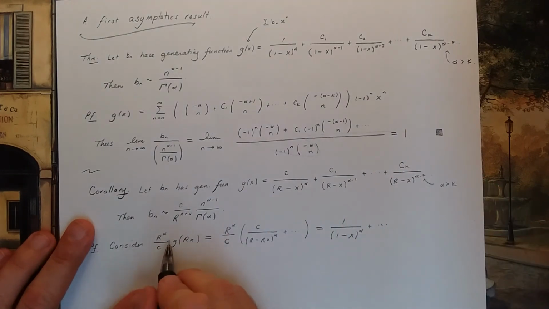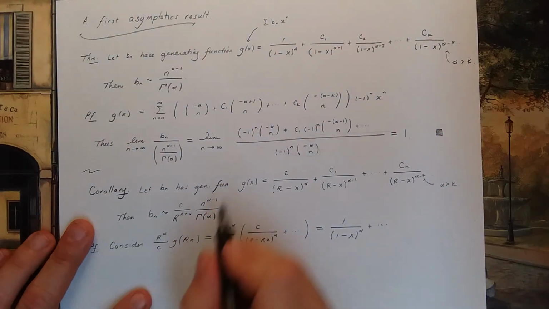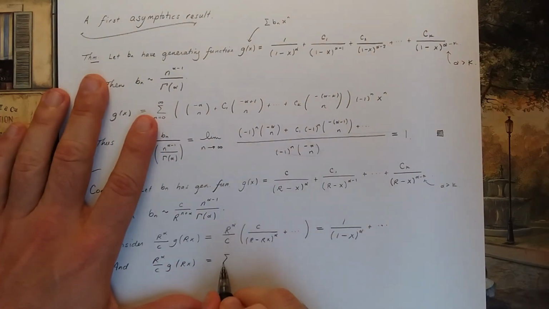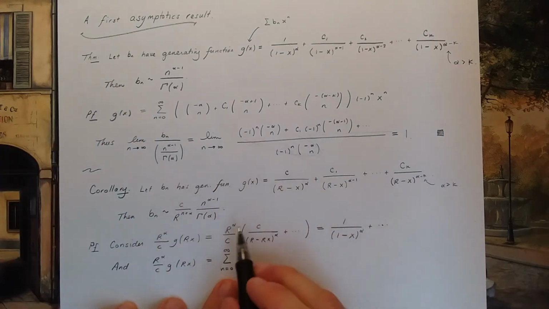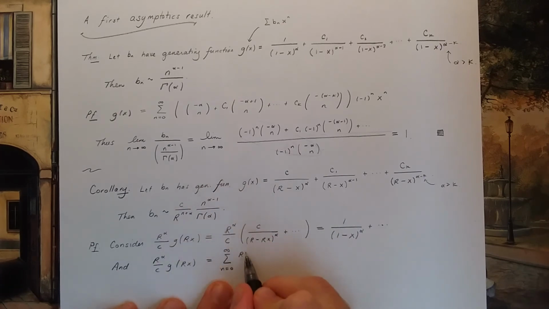Similarly, I can replace x with rx in the generating function. We see that r to the alpha over c times g(rx) is the sum, going from 0 to infinity. Now, b_n has generating function g, so that means the coefficient of x to the n in g is b_n. In other words, I get r to the alpha over c times b_n times (rx) to the n power.